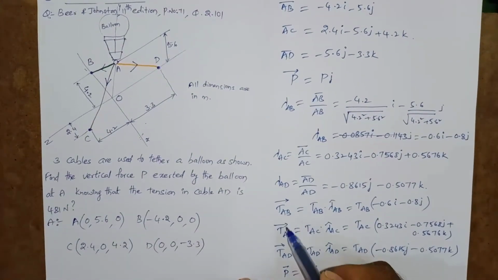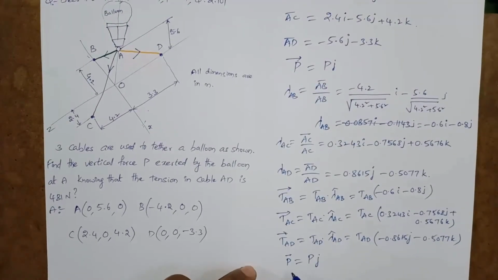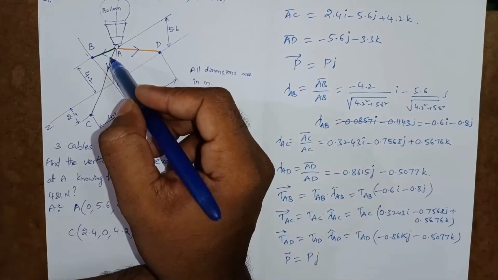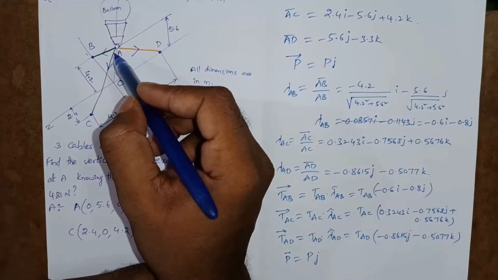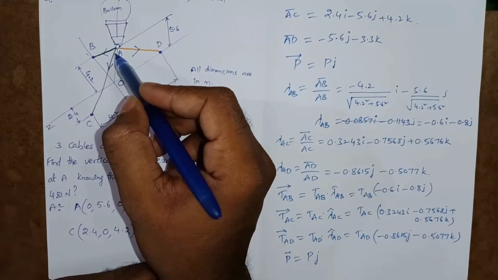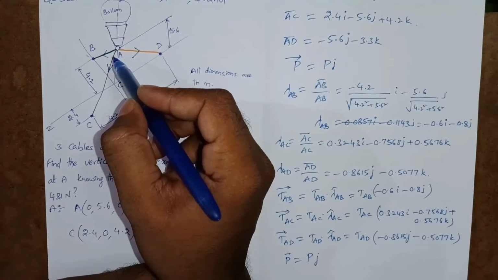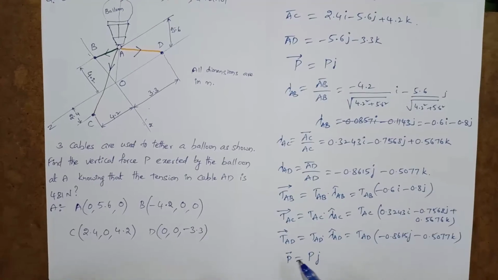Now these four forces, TAB bar, TAC bar, TAD bar and P bar, are acting on a hook located at point A. Point A is at rest, it is in equilibrium, so the resultant force acting on this point A must be equal to 0. That resultant force is sigma F, the algebraic sum of all these forces, and equating it to 0 we can solve for the unknowns.